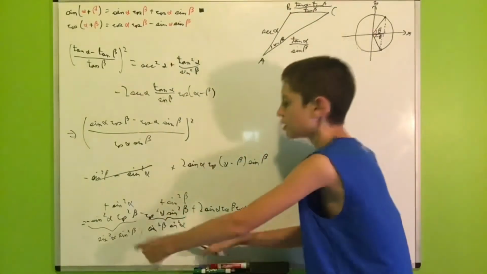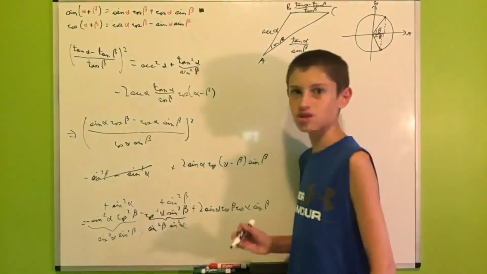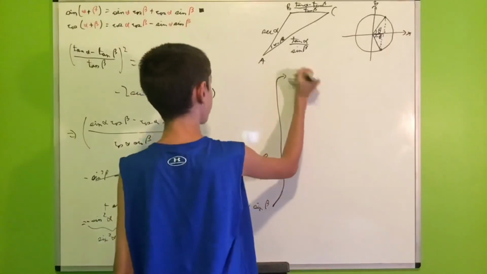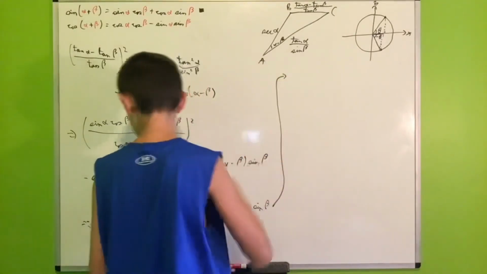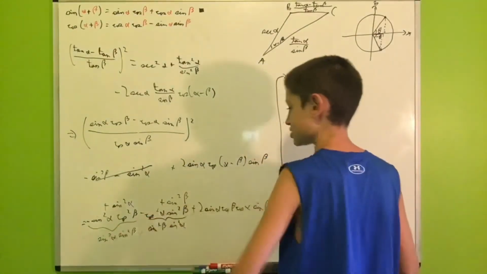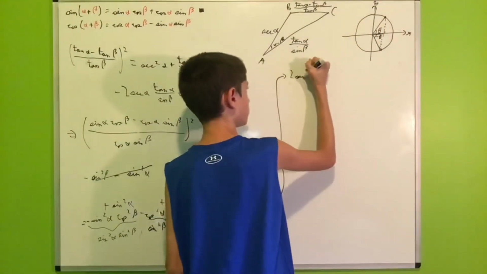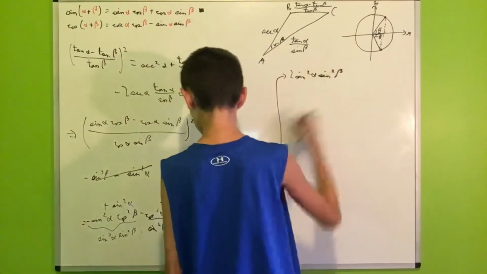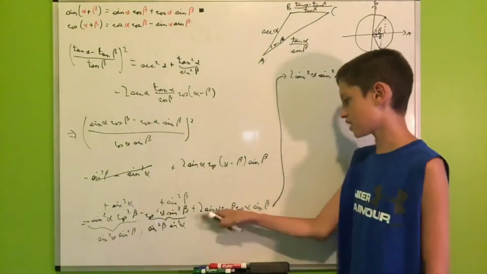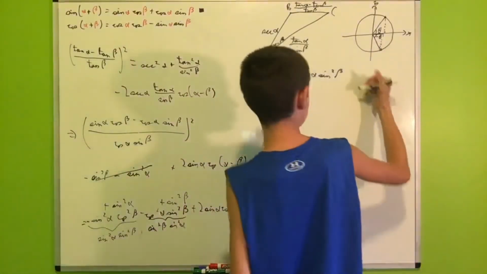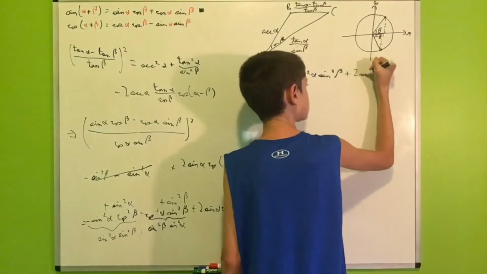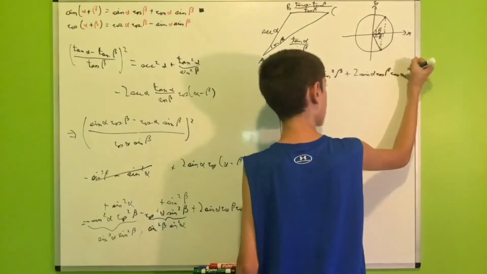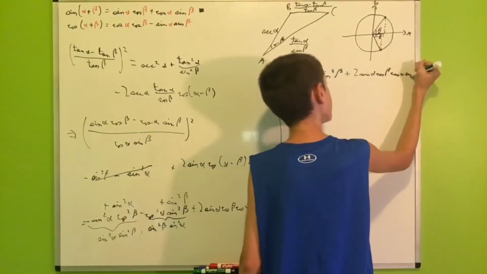But then, these two terms are exactly the same, so we can combine them. So our expression will become 2 sine squared alpha sine squared beta, plus this thing right here, 2 sine alpha cosine beta cosine alpha sine beta.